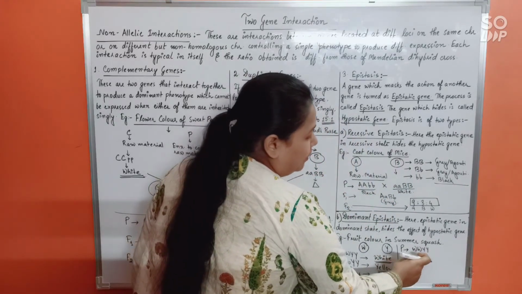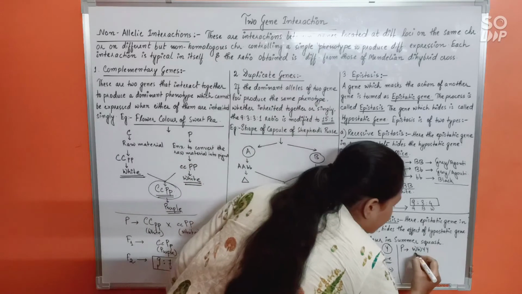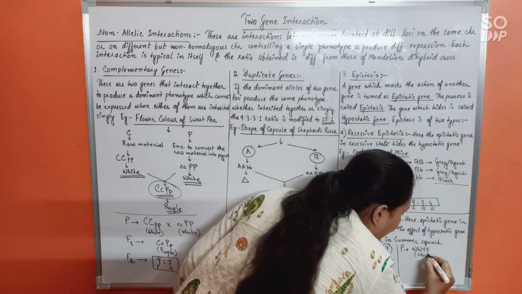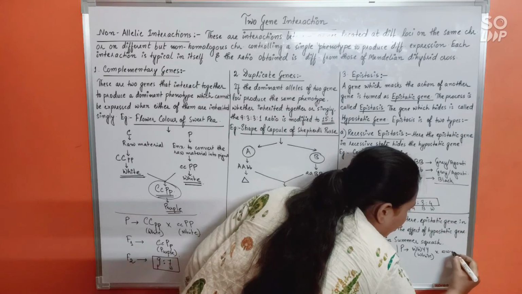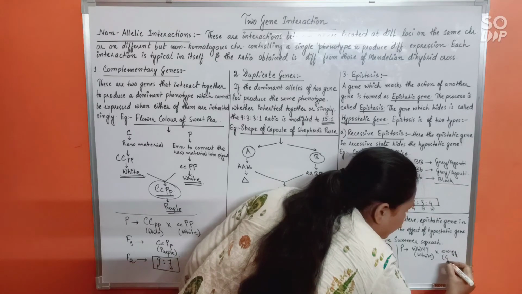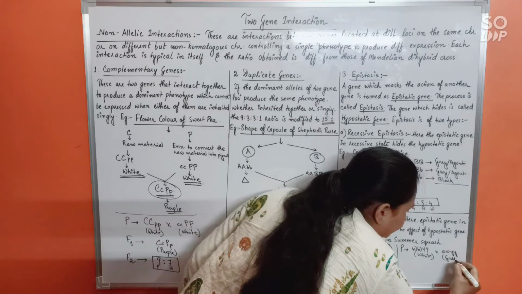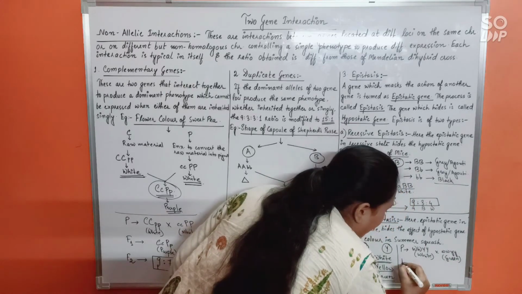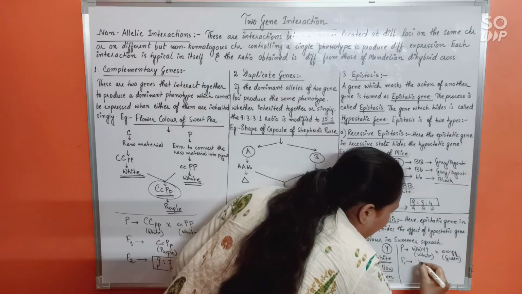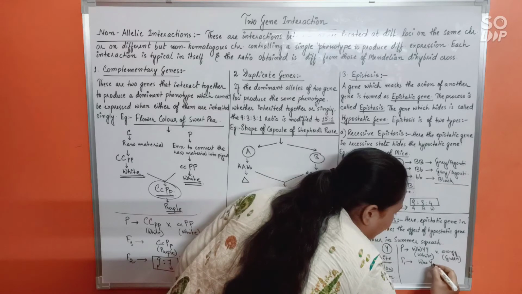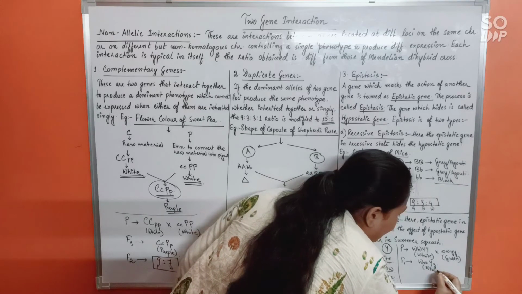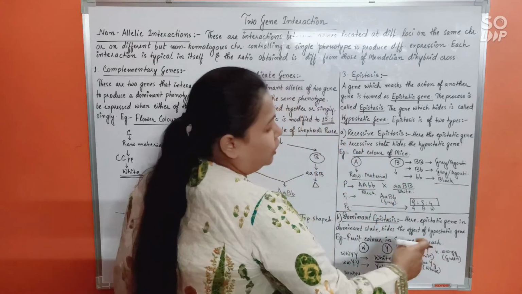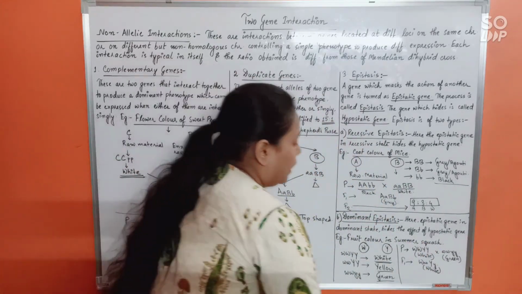Capital W, capital W, capital Y, capital Y, the color is of course white, crossed with small w, small w, small y, small y, you know the color is green, isn't it? F1 hybrids will be all capital W, small w, capital Y, small y. That means all of them will be producing white color, isn't it? Because the dominant gene W is inherited.